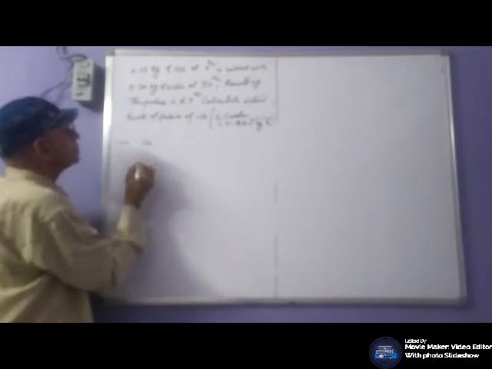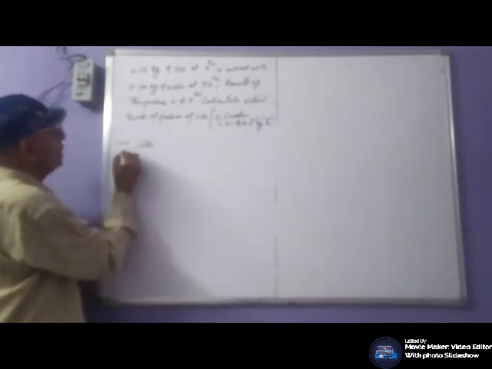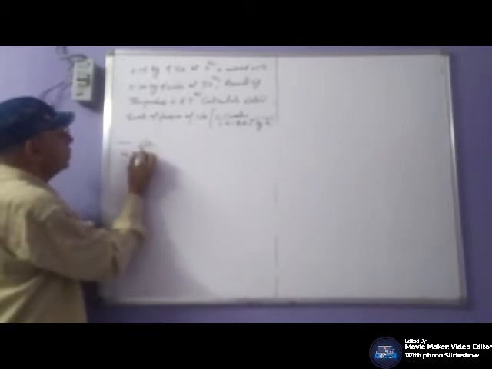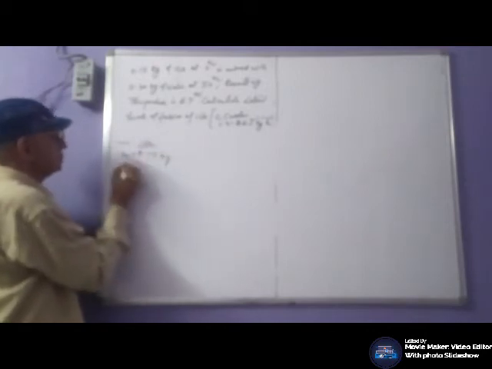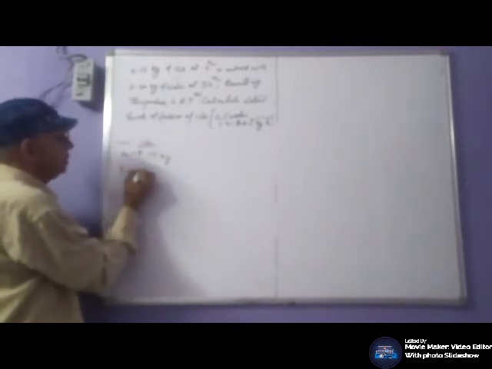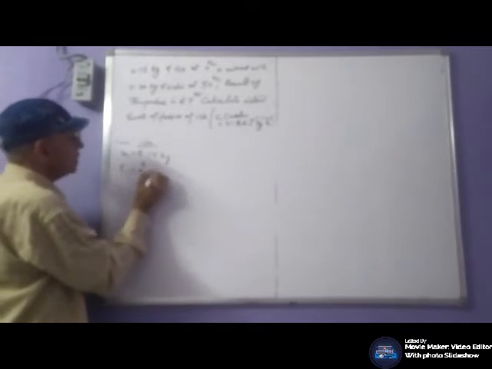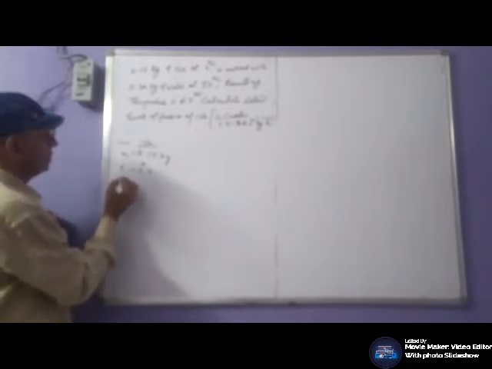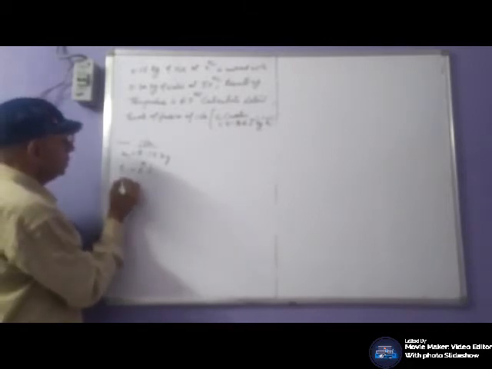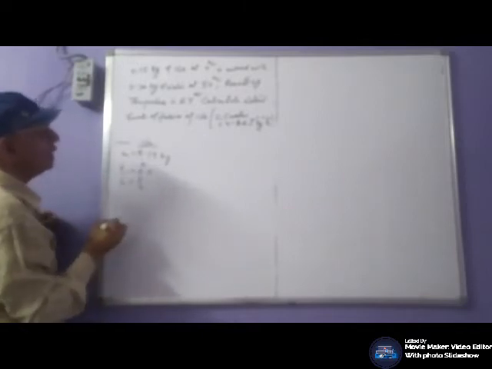For ice, M1 is 0.15 kg, T1 is 0 degree Celsius, and L we have to find.